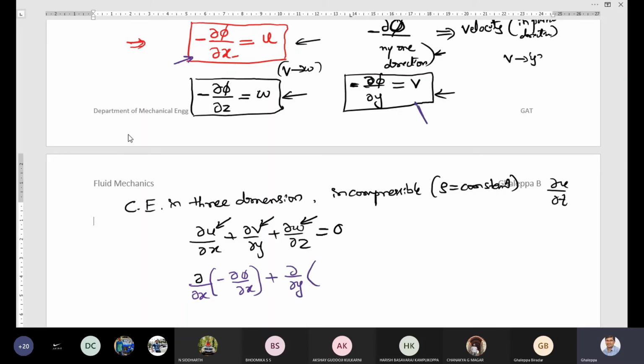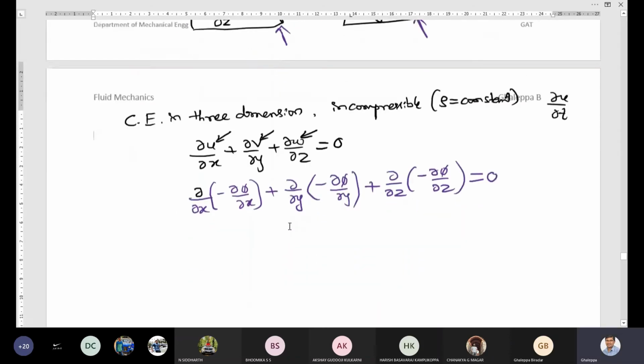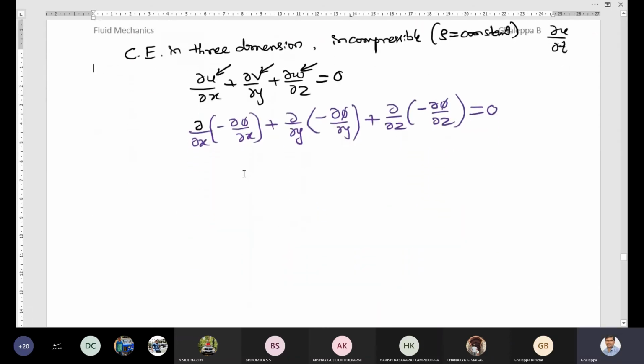What is v? The v term is here: minus dou phi by dou y, plus dou by dou z. What is w? The w term is here: minus dou phi by dou z, and it is equal to 0. Now you multiply these two differentiation terms.